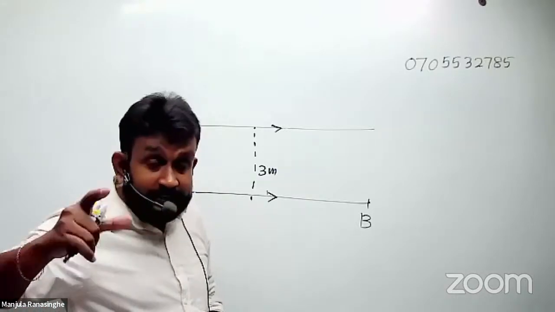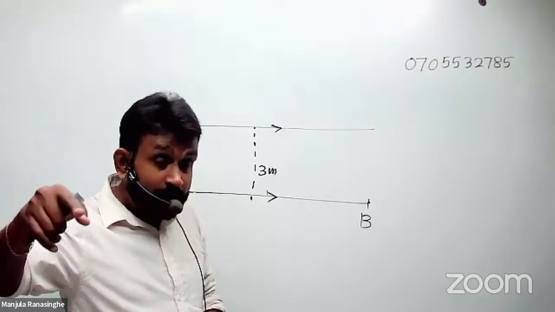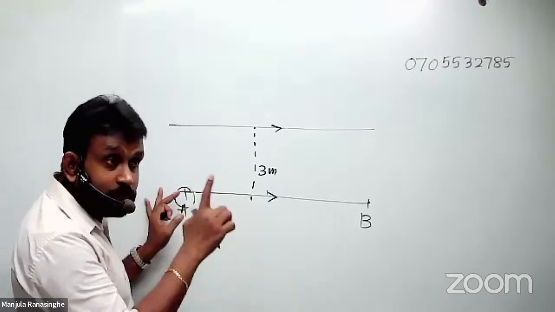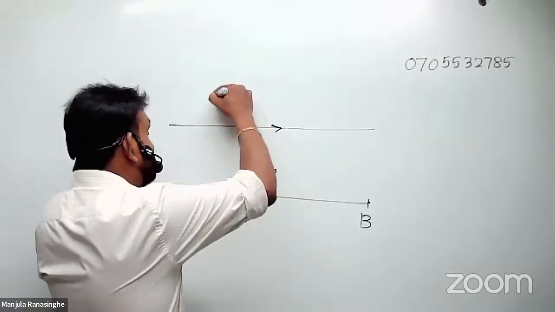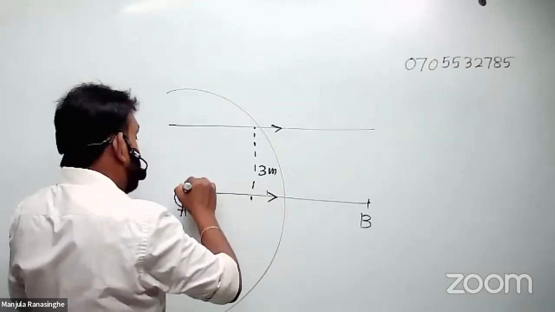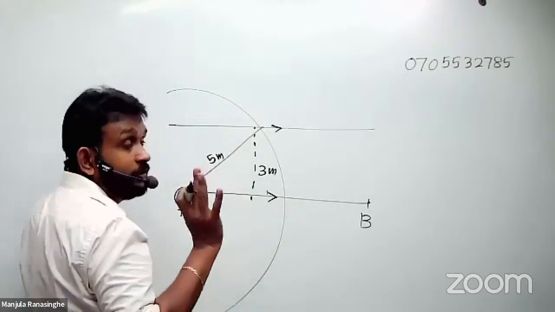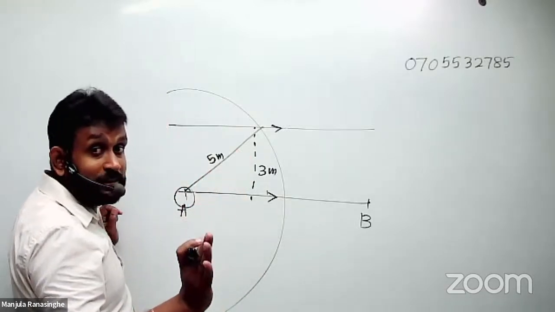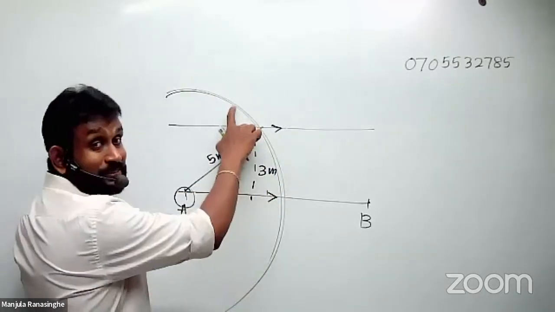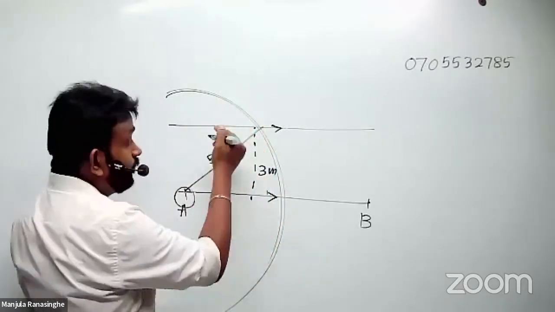5 meters away. That's the equidistance away from what? From A. A is a point. So equidistance to a point is a circle. So you have to at least draw a part of a circle, having 5 meters radius. The points which satisfy both requirements: 5 away, that is the locus circle, and 3 away from the line, that is the parallel line.